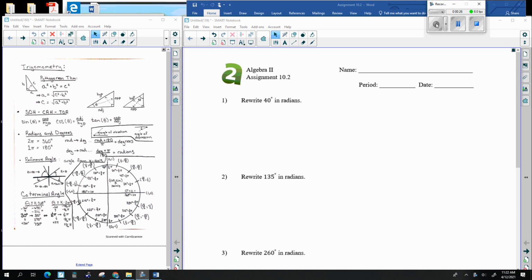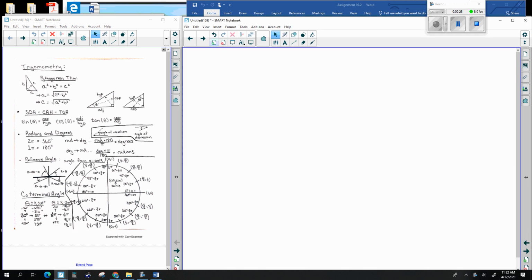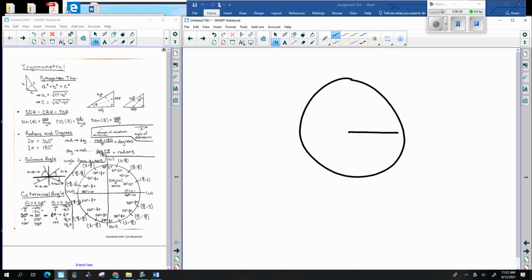All right, so again, before I get to the problems, here is the general gist of what this is. Here is a circle. Most of us are pretty familiar with degrees. So 0 degrees is literally 0 degrees. 90 degrees is perfectly an L-looking shape. 180 degrees, 270 degrees.